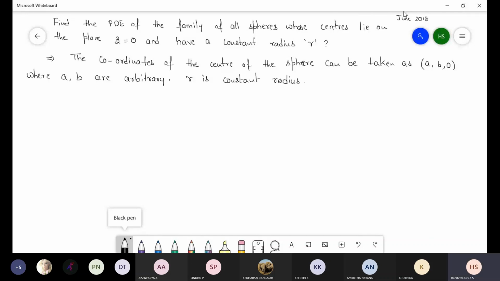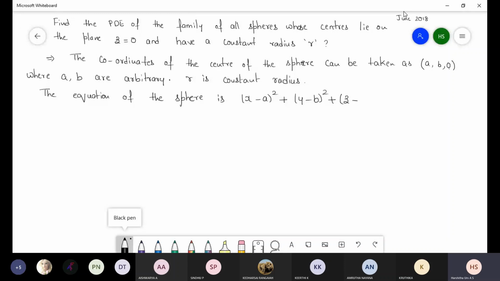So after writing this, we know the equation of the sphere. The equation of the sphere is (x minus a) whole square plus (y minus b) whole square plus (z minus c) whole square, where c is given as 0 because the center lies on the plane z is equal to 0.